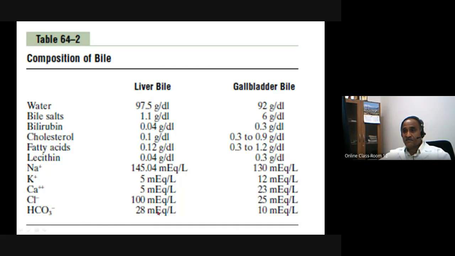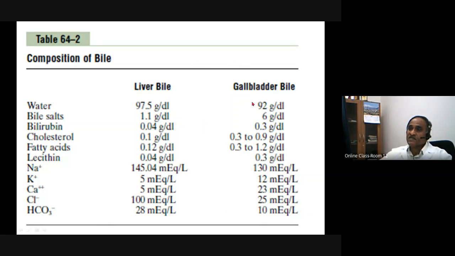Bicarbonate is 28 milliequivalents here, and it is decreased to about 10, 2.5 times less.